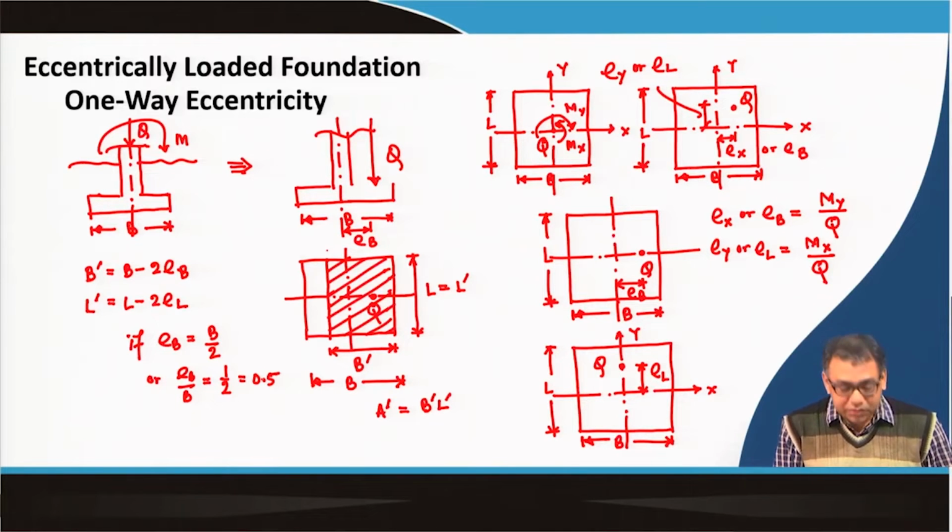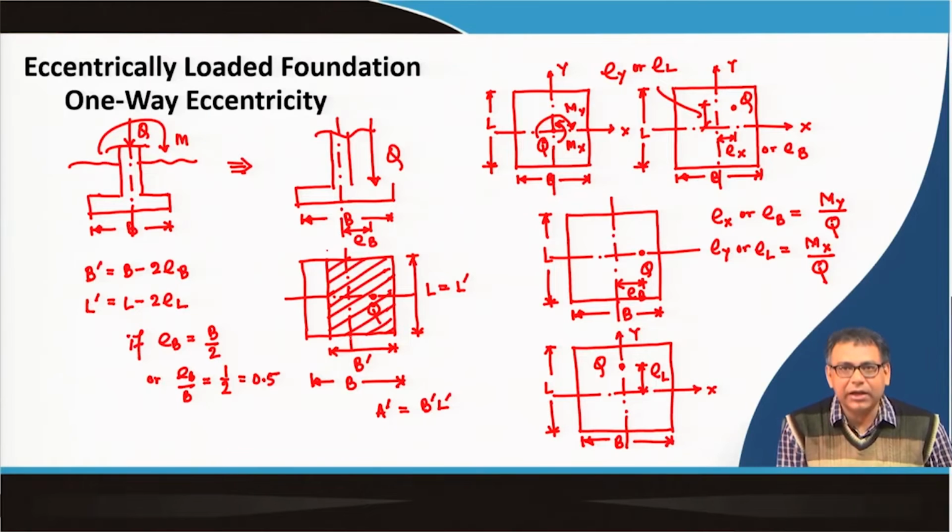0. So, that means in such case this b dash value is equal to 0, that means the load will act at the edge of the footing. Similarly, if E L is equal to L by 2, then the load will act at the edge of the footing.